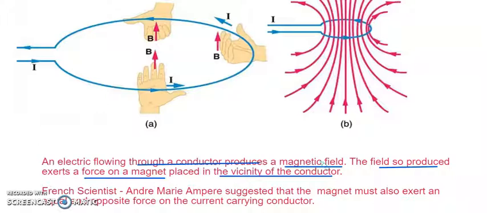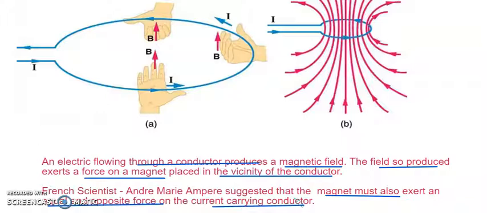So here we are going to understand the relationship between electric current, magnetic field lines, and force. It was the French scientist André-Marie Ampère who suggested that the magnet must also exert an equal and opposite force on the current carrying conductor. So there is a force applied between both the magnet and the electric conductor, as we say in Newton's third law, equal and opposite.